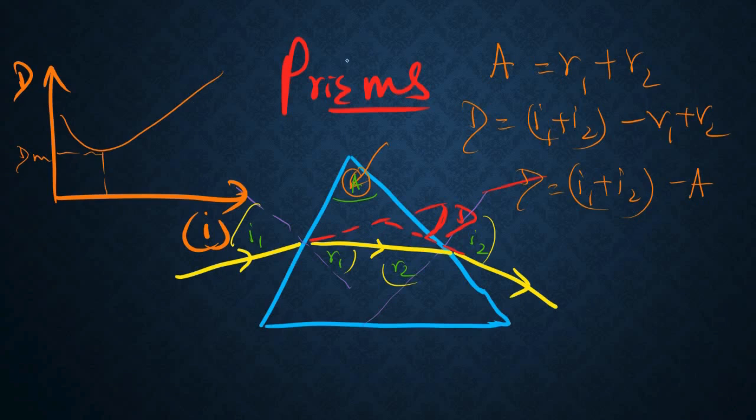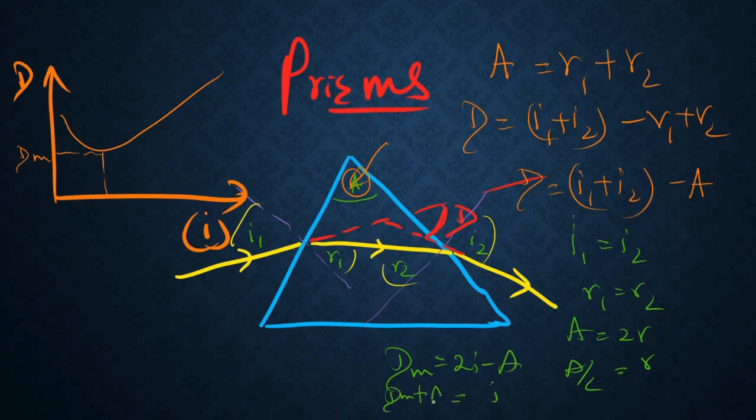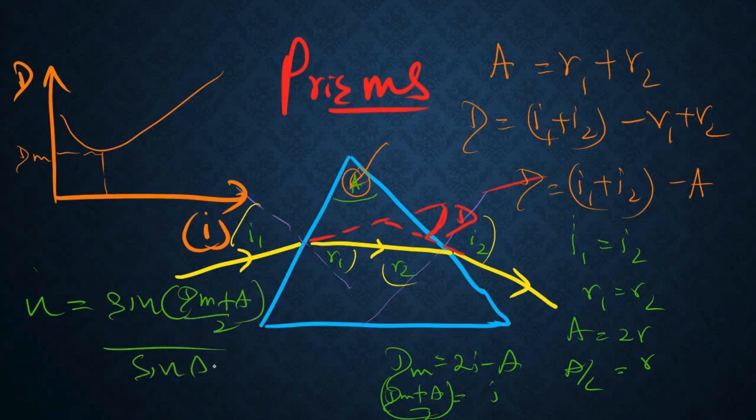So I1 equals I2 and R1 equals R2. So A equals 2R, then R equals A by 2, and D_m equals 2I minus A, so I equals (D_m plus A) by 2. By using this we can write the refractive index of the prism as sine of (D_m plus A) by 2 divided by sine of A by 2. That's the equation we get from this.